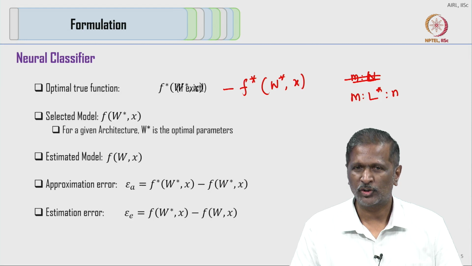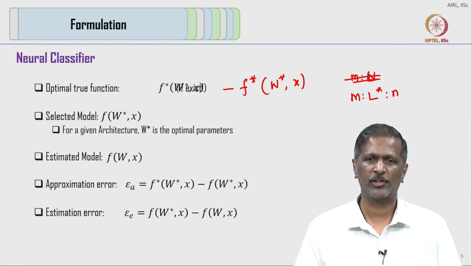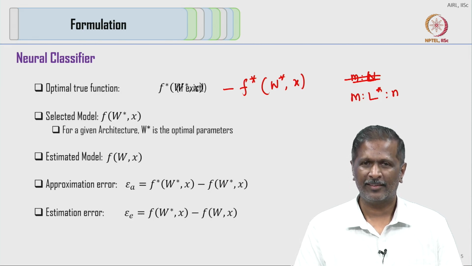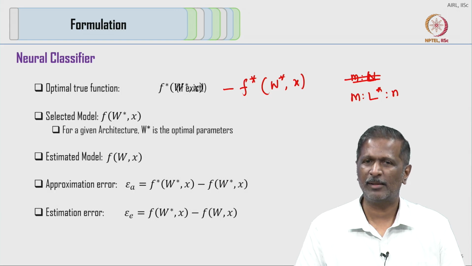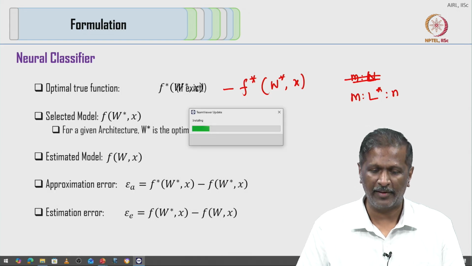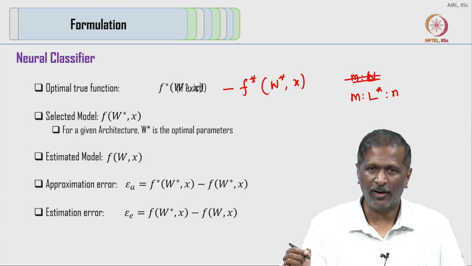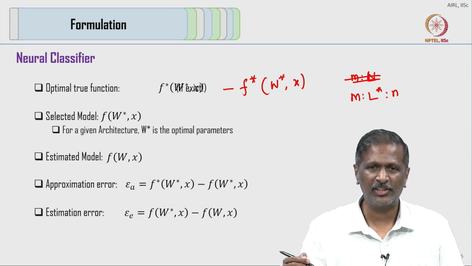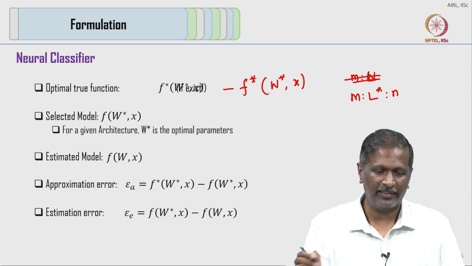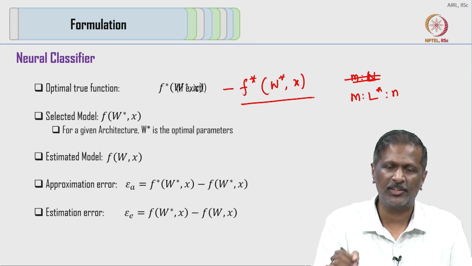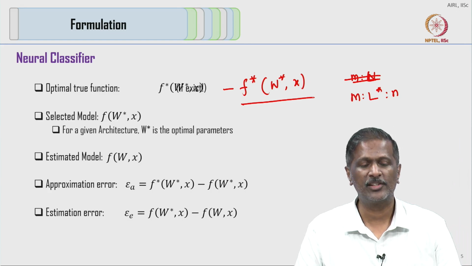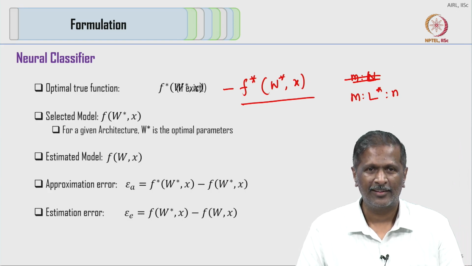And the choice of the right activation functions is also given to me. Then the W star somehow I can find out, that's an optimal weight. Then we can approximate the relationship very well, and that is my true function.